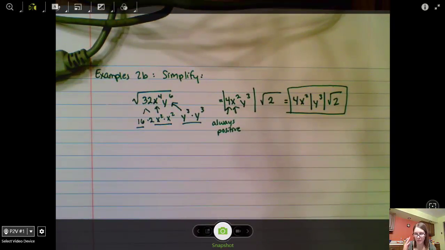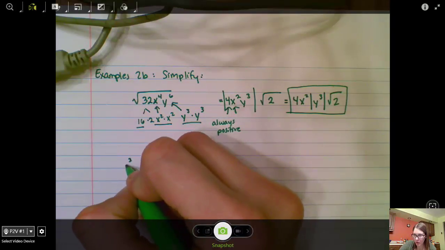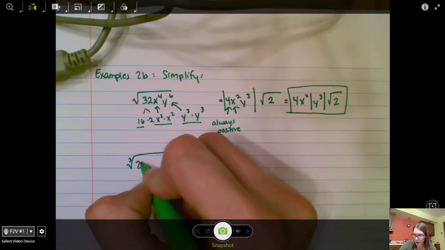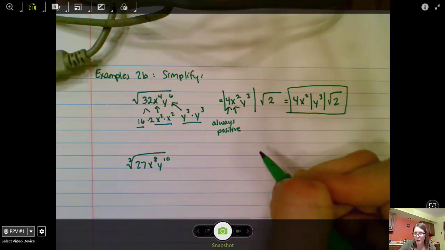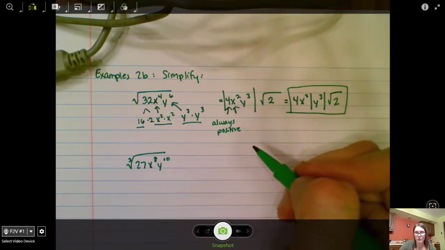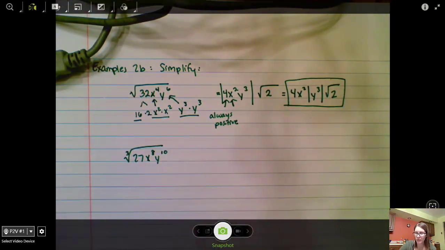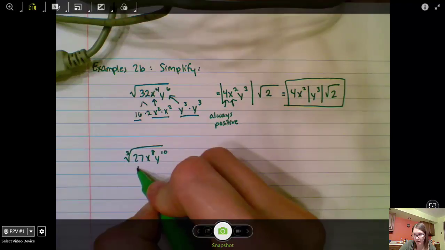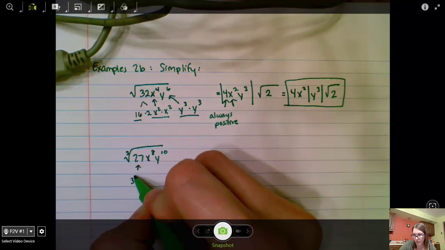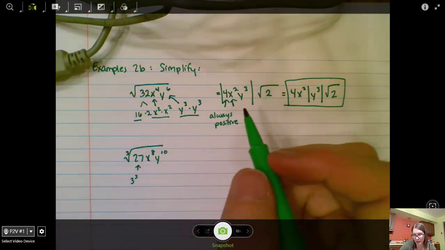Kind of messy looking. Okay, my next one, we'll do a cube root of 27 x to the 8th y to the 10th. And the cube root of 27 is 3. So that works out nicely.